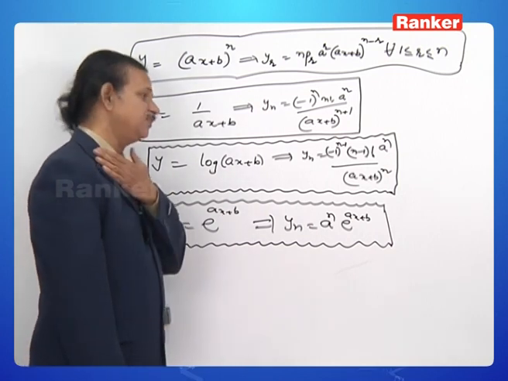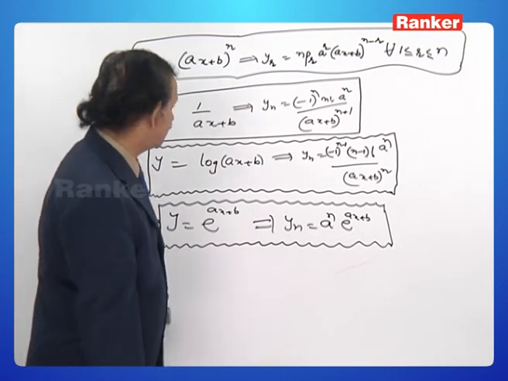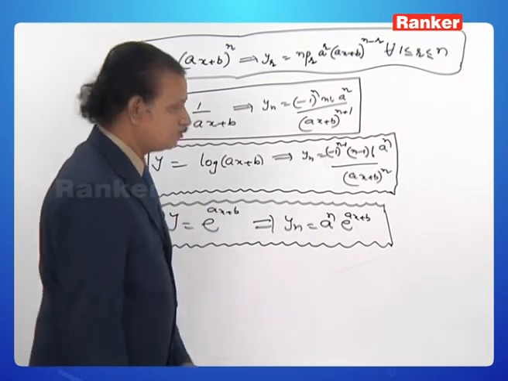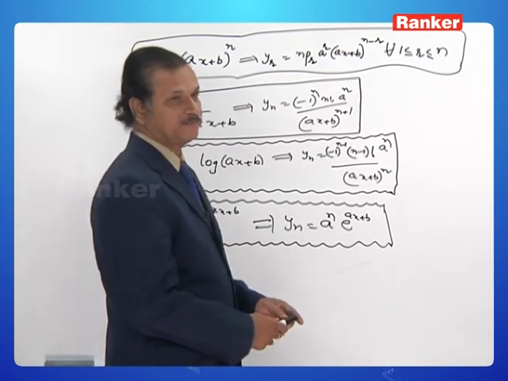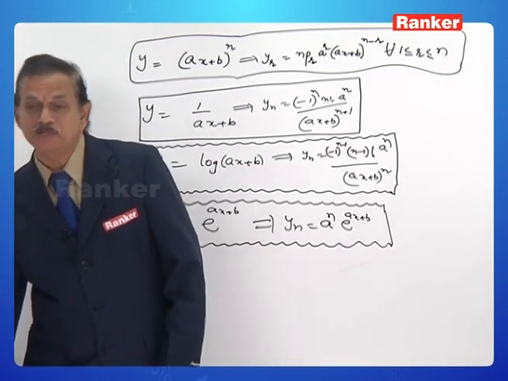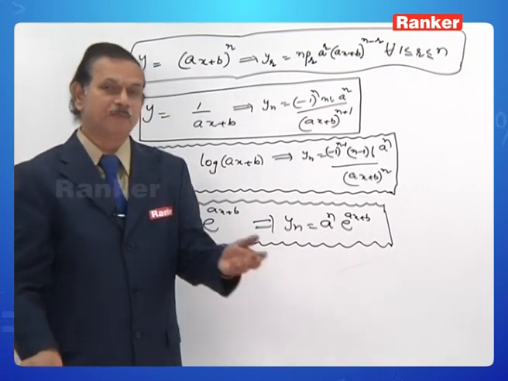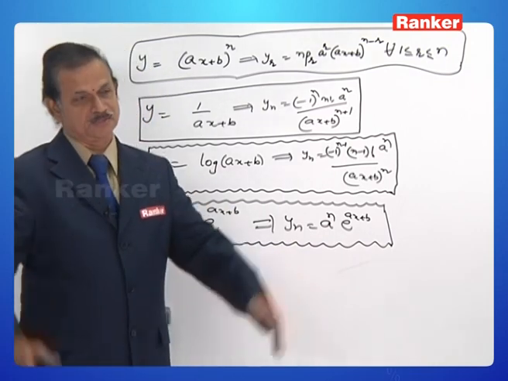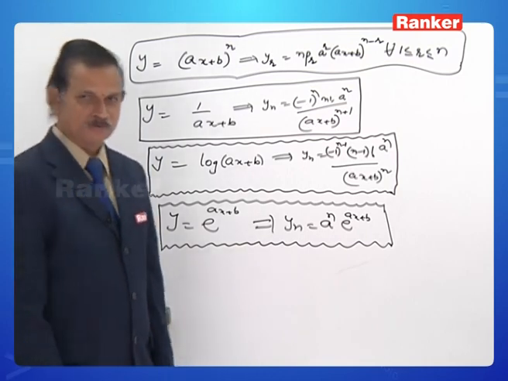Like that, yn is a power n into e power (ax plus b). Well, two more things are there: y equal to sine of (ax plus b) and cos of (ax plus b), and e power ax into sine of (bx plus c), e power ax into cos of (bx plus c). Like that, three more results are there.